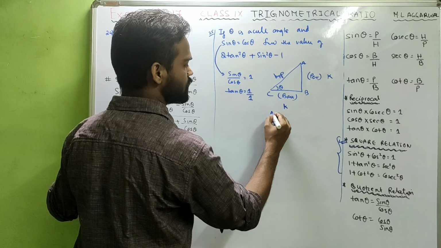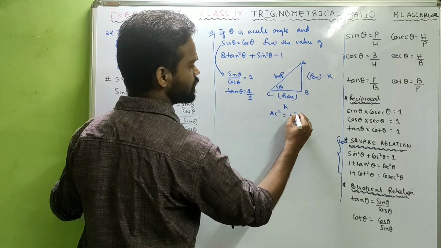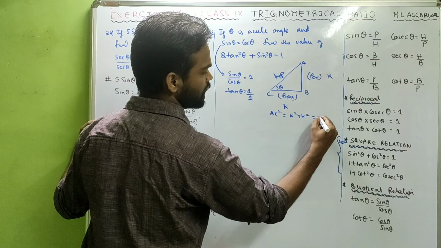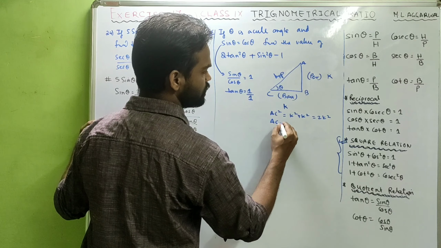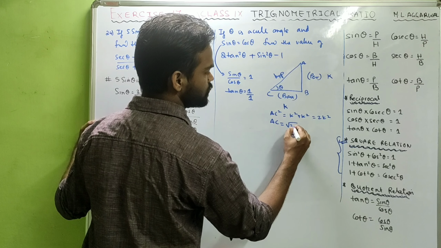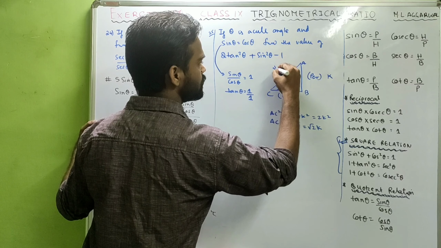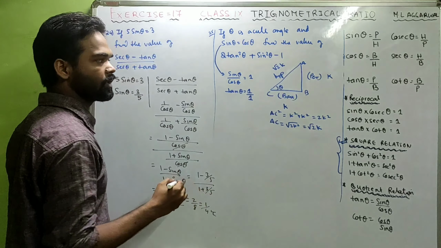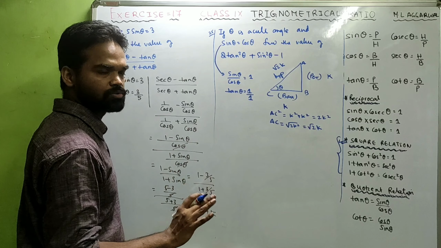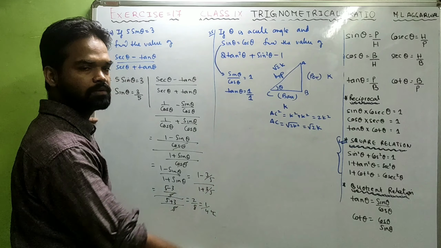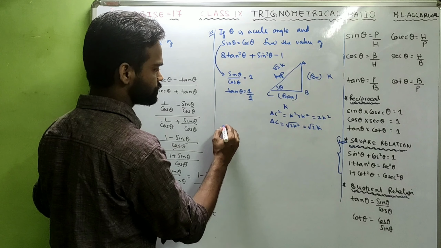So hypotenuse AC square is k square plus k square, that's 2k square. So AC will be root 2k. I could have done it by the relation also, but I need to show you a sum with triangles.